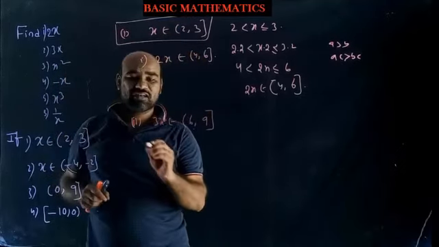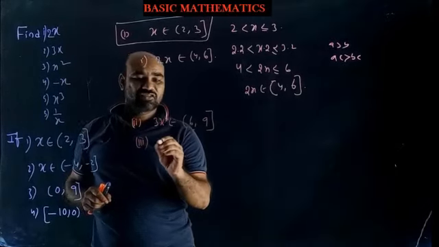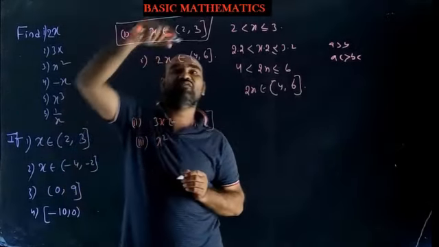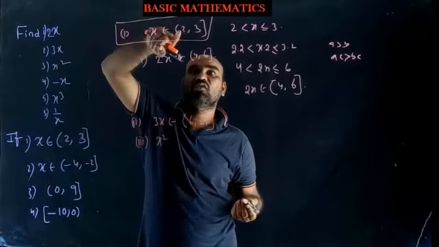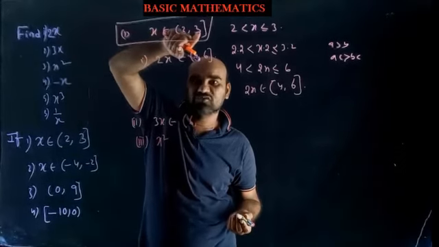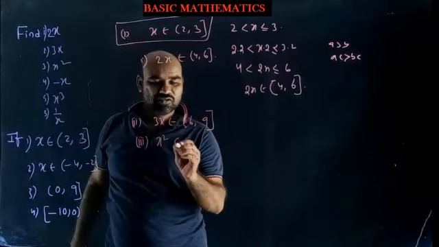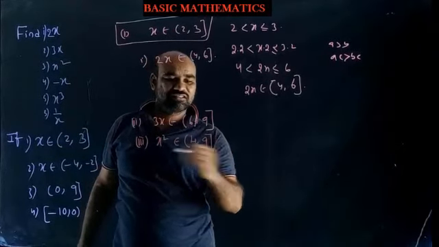Third one, x square. Interesting one. Each element of this set is raised to the power 2. So x square belongs to open 4 to closed 9. Understood?